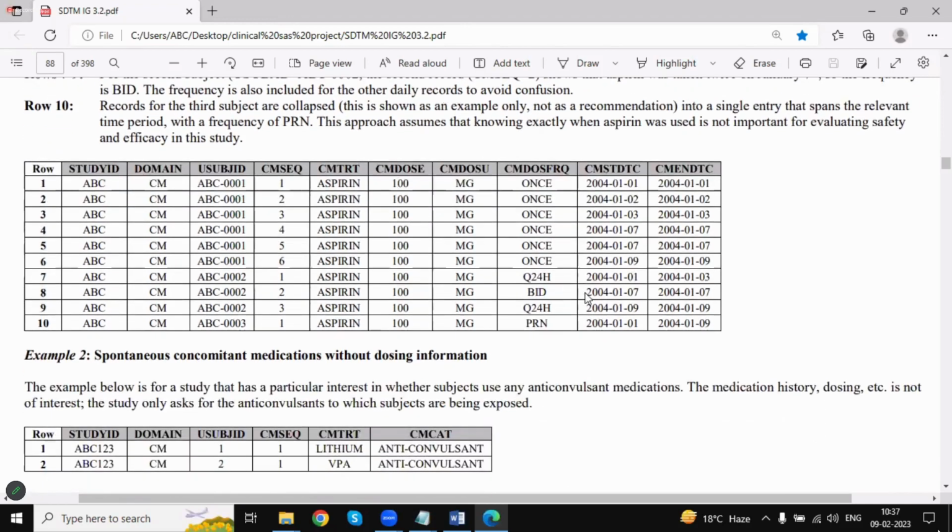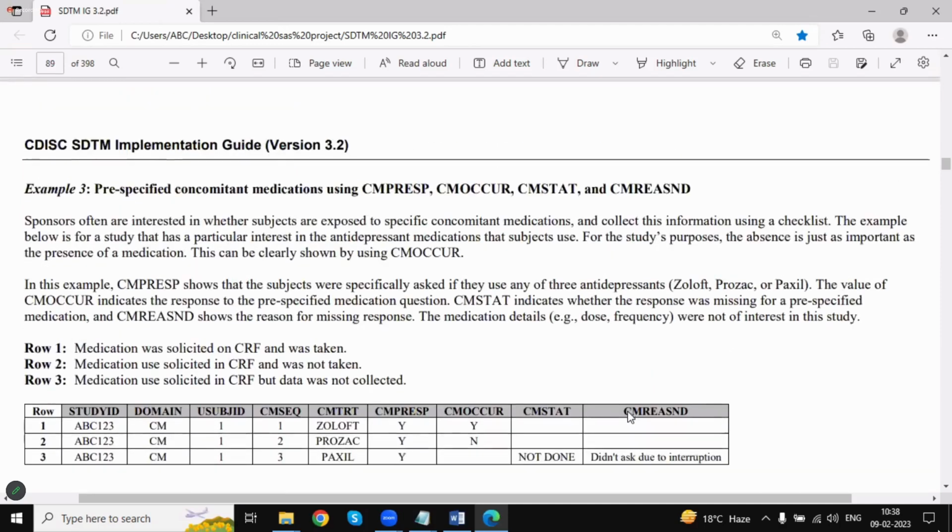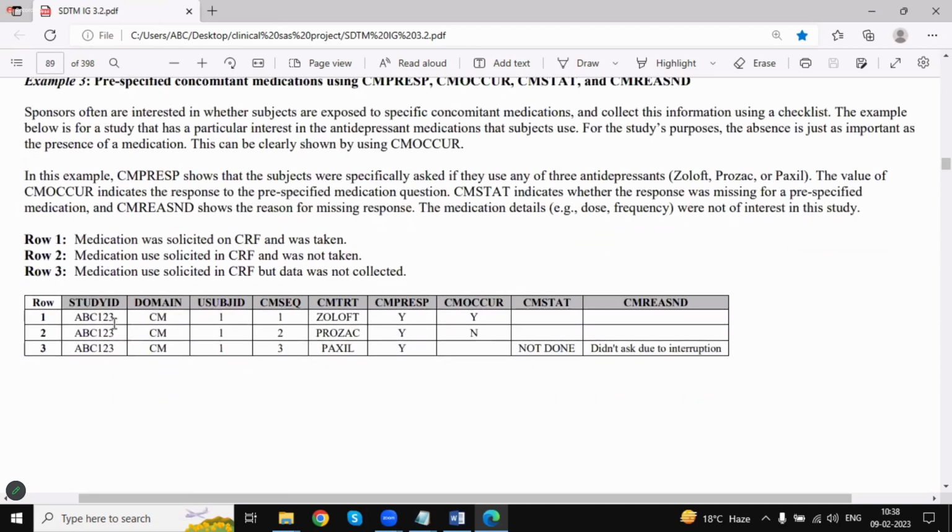So what treatment was taken, how much dose, units, frequency? For example, here, one, two, three subjects in the study. Is it pre-specified, yes or no? Was it an actual occurrence or not? You have to capture the status, right? Not done: maybe details were not collected fully. So we capture the status as not done, then write a reason for not done, such as did not ask due to interruption.